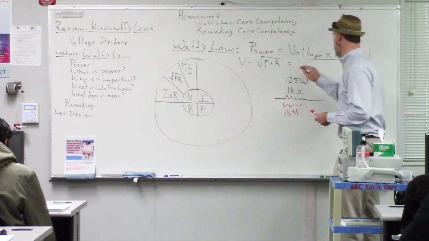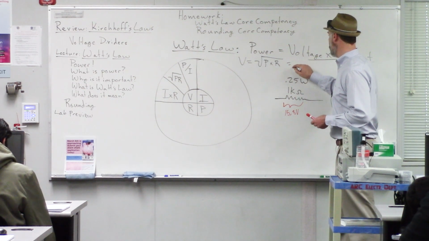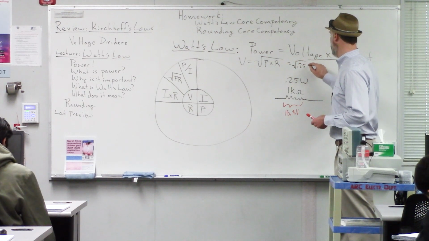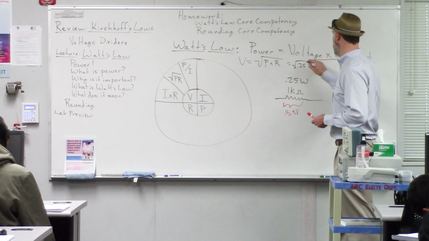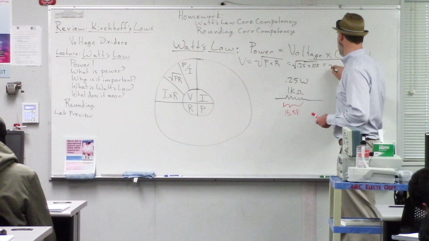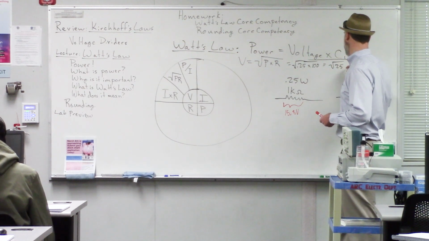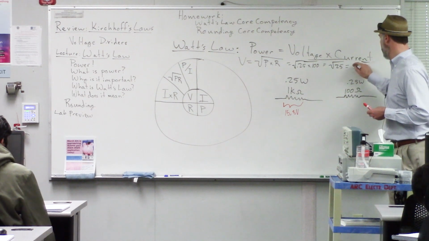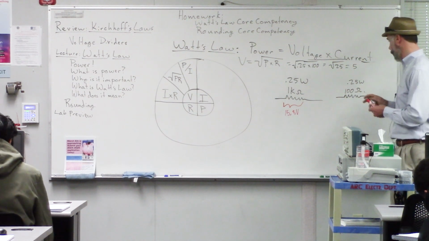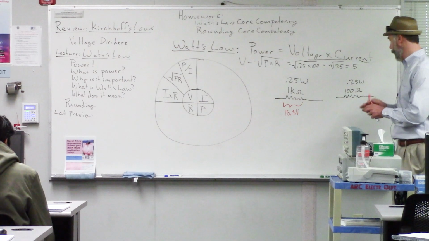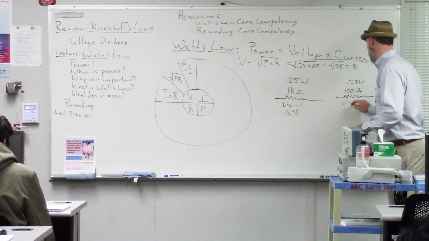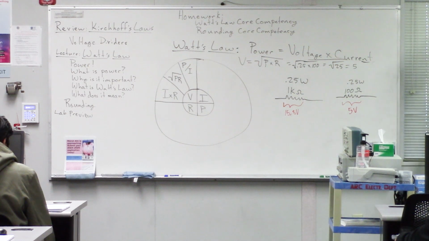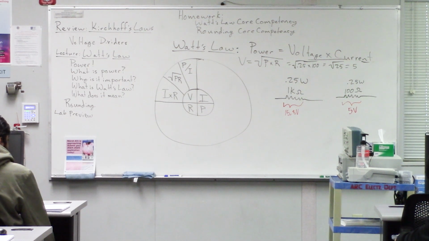That would be the square root of 0.25 times 100, so the square root of 25. What's that? 5. Yep. So for a 100 ohm resistor, we can only put 5 volts across it before it starts to get destroyed.